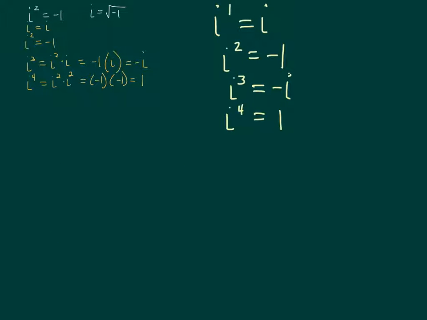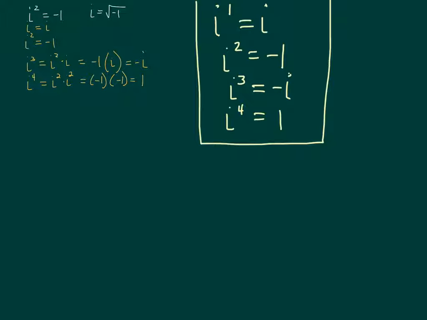I moved those off a little bit and rewrote them so that it was easier for us to see it all at one time. These are the only 4 values that you can have for i values: you can either have i, negative 1, negative i, or positive 1. If you look at those, you'll notice that the exponents will help us out a lot.